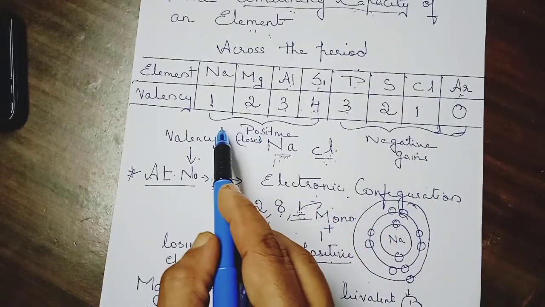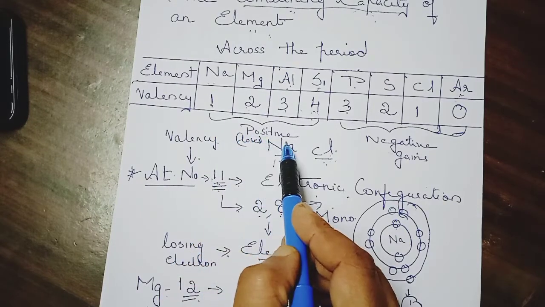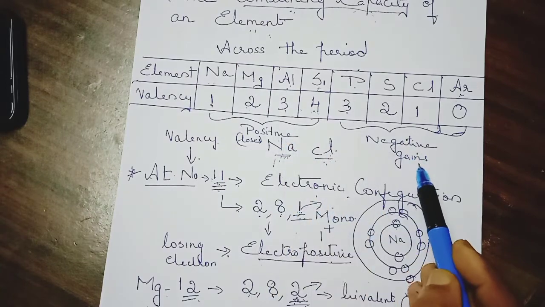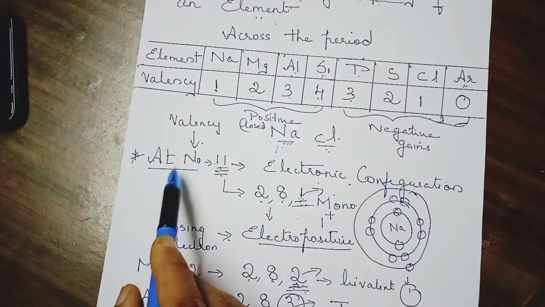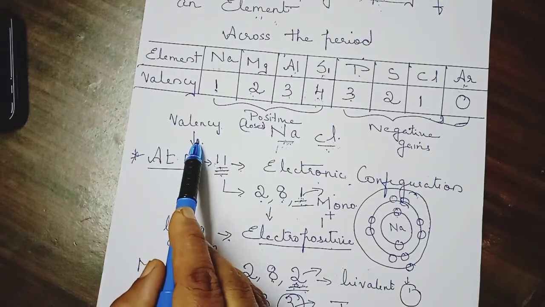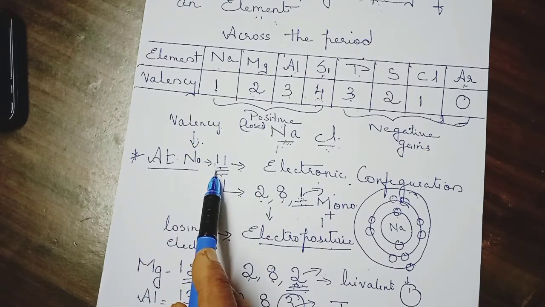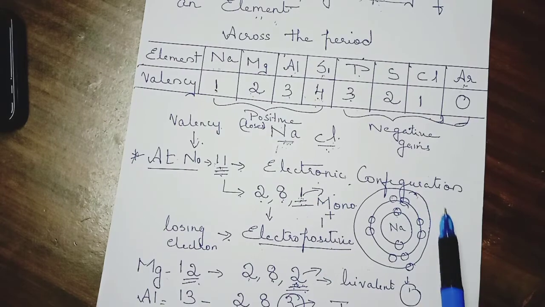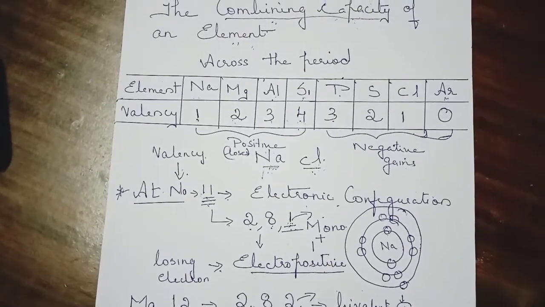And what is their nature, whether they are electropositive or electronegative, and how do you find valency. In order to find valency, we should know the atomic number and also how to write its electronic configuration. I'm sure you're thorough with this part.